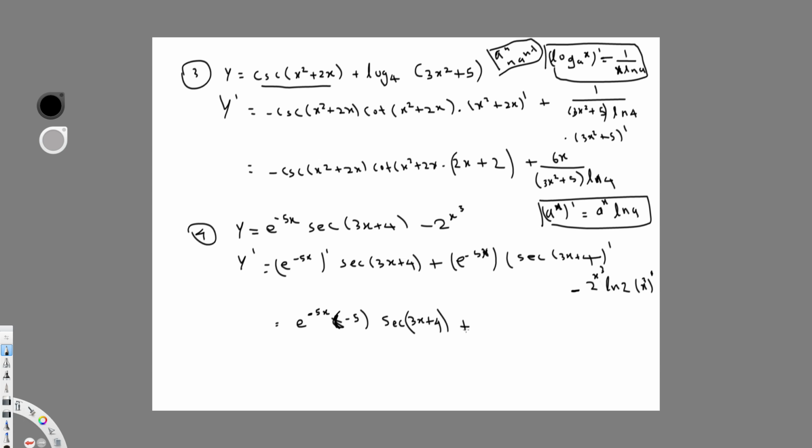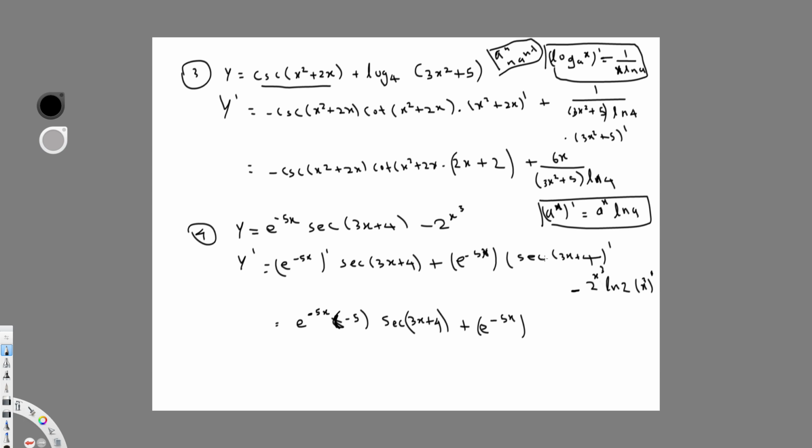Then here on the other side I have to put e to the power of minus 5x, which remains the same because it's not a derivative. I will keep it as it is. Then I have to find the derivative of sec. The derivative of sec is sec x tan x. That's the derivative of sec.